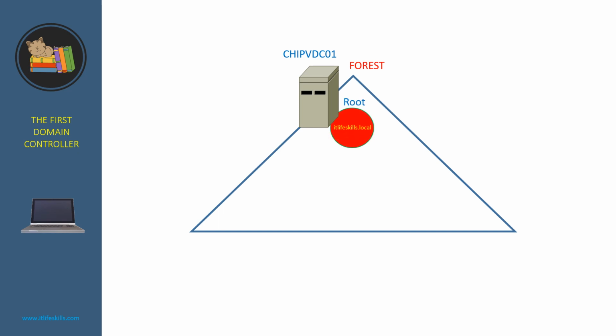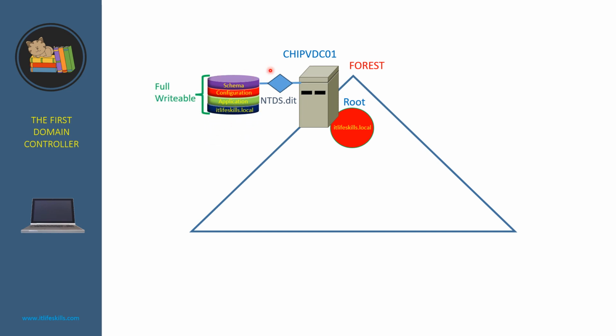The AD database ntds.dit is created on GPVDC01, which contains the schema partition, the configuration partition, the application partition, and the domain partition.